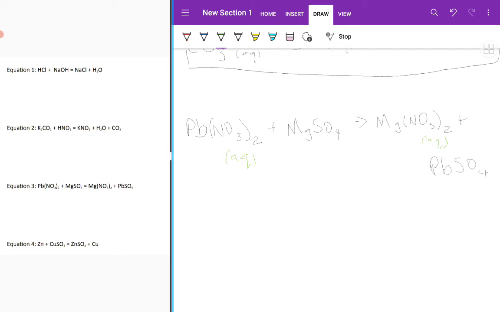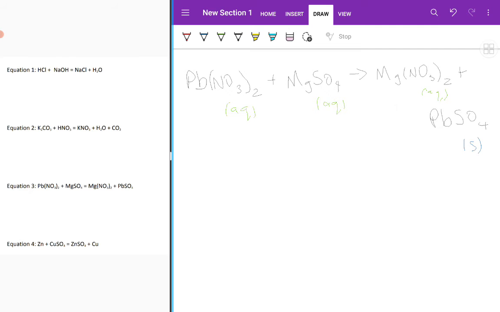All sulfates, if you remember your solubility rules, all sulfates are soluble with the exception of calcium and lead. So magnesium sulfate is aqueous, but lead sulfate is going to be solid. Alright, so we have our balanced equation complete with our state symbols.